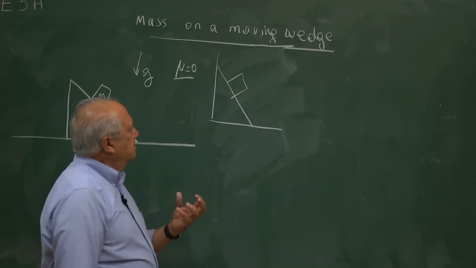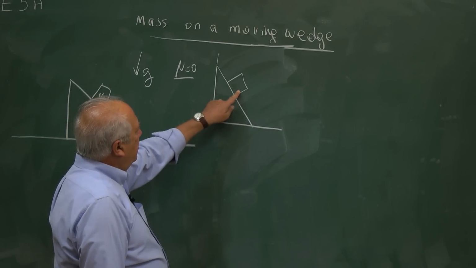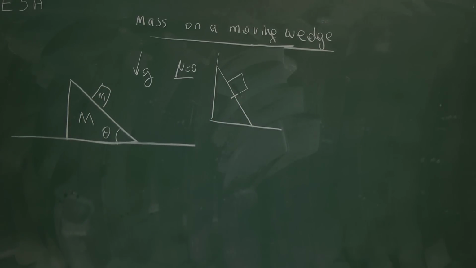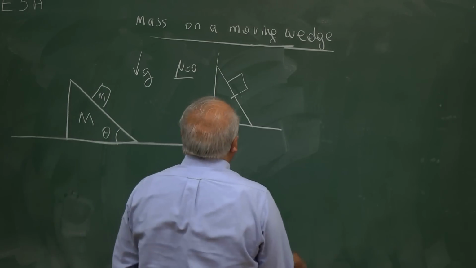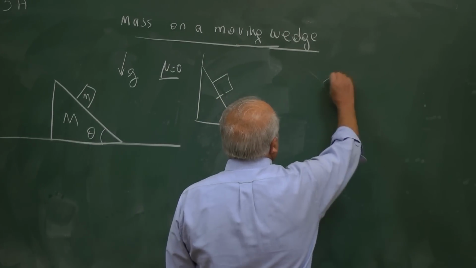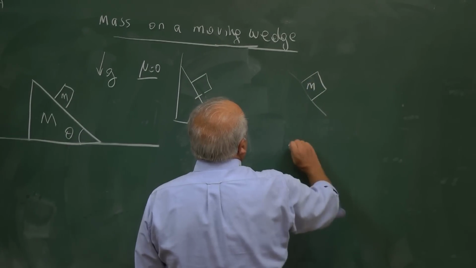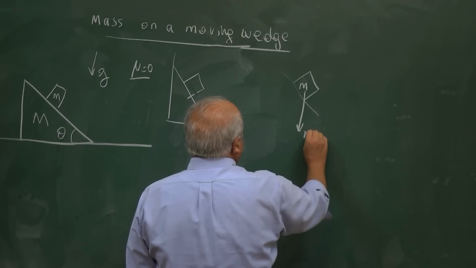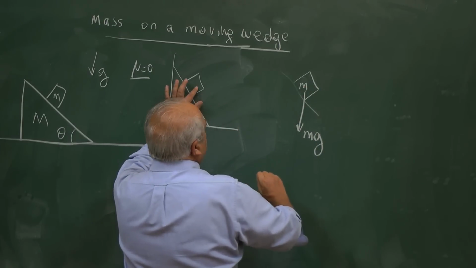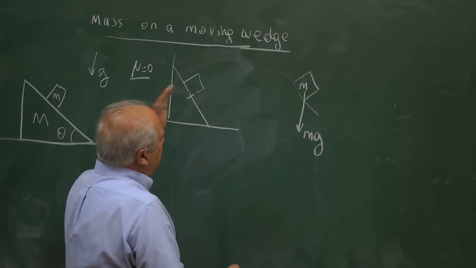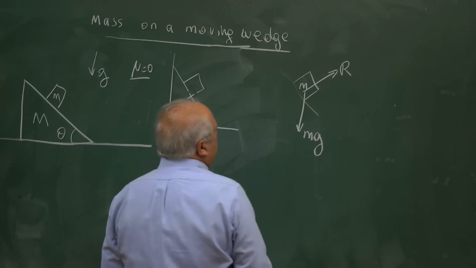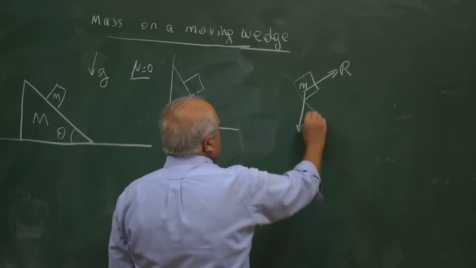The condition for motion is that it is allowed to go only along this line. So we isolate the body and study the forces on it. Here's the mass m. There is the gravitational force down, mg. And there is the reaction of the plane on the mass, and since there is no friction it's only perpendicular, R. And this angle is theta.